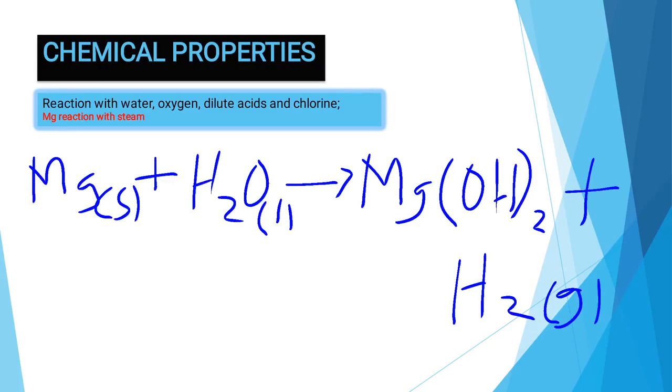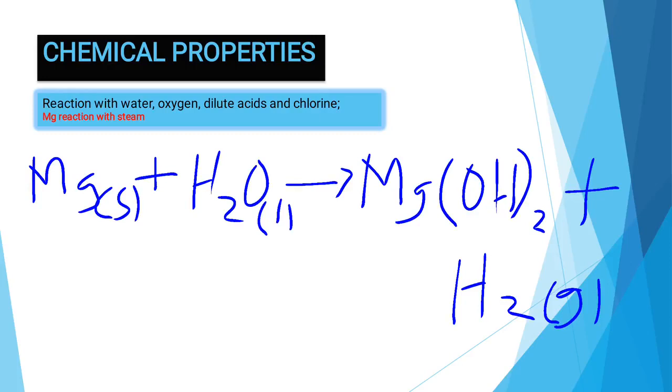We check whether the equation is balanced. We have one magnesium on this side, one magnesium on the other side. On the reactant side we have 2 hydrogen, on the other side we have 4 hydrogen. That means that the number of hydrogen is not balanced.